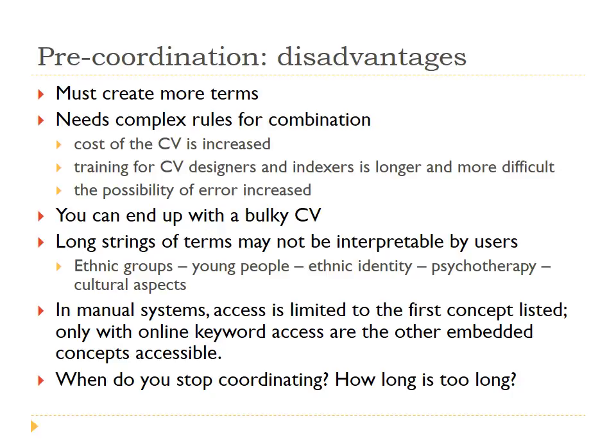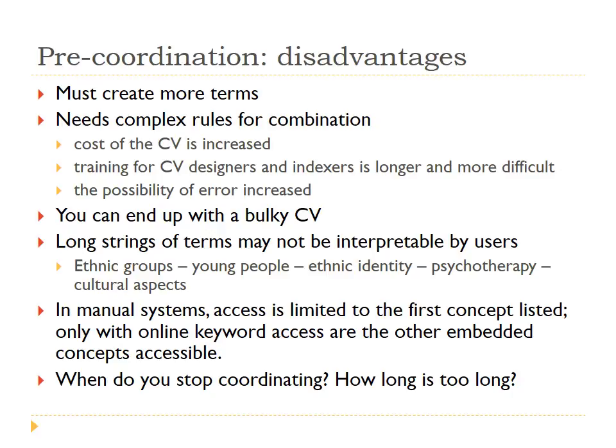And there's a higher possibility of error, that indexers might make errors when they are applying these terms to resources. Again, you can end up with a bulky CV with lots of bloat, and these long strings of terms, although a lot of times they can be clear to people and clearly expressing more nuanced concepts, the longer they get, the less interpretable they really are to an end user.